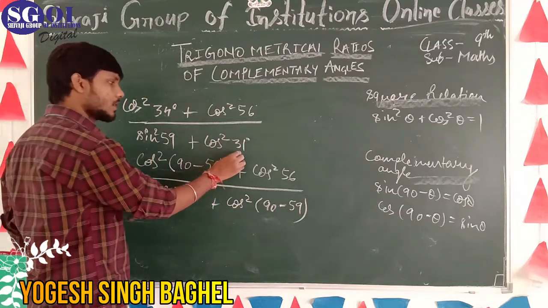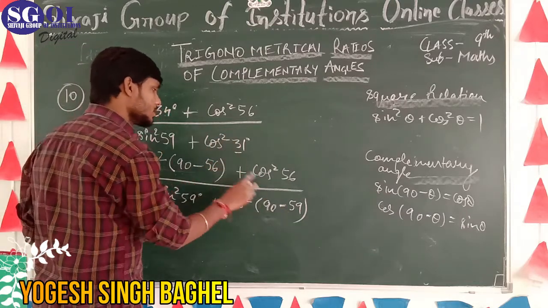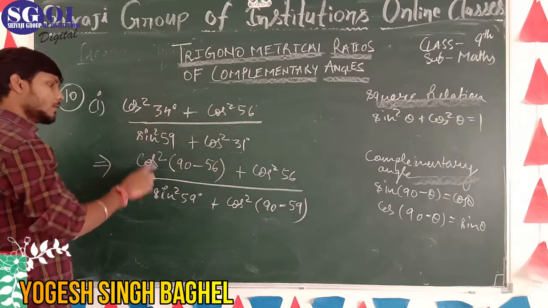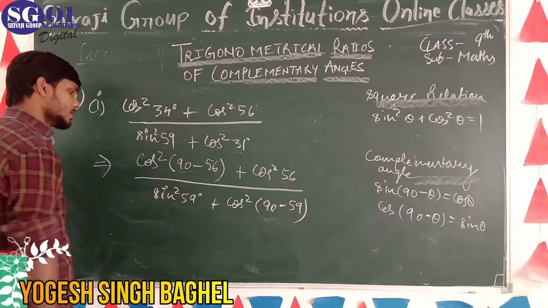So we can replace 31 by 90 minus 59. Same as above, in place of 34 we write 90 minus 56.